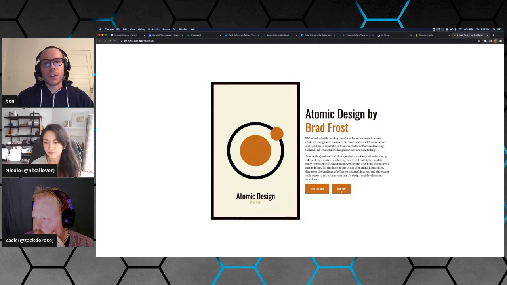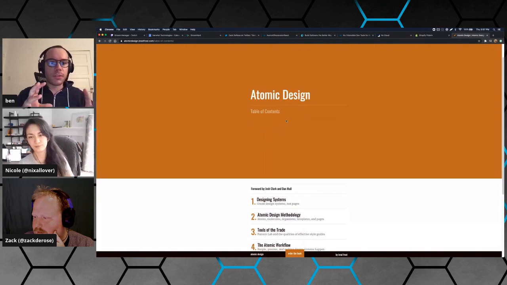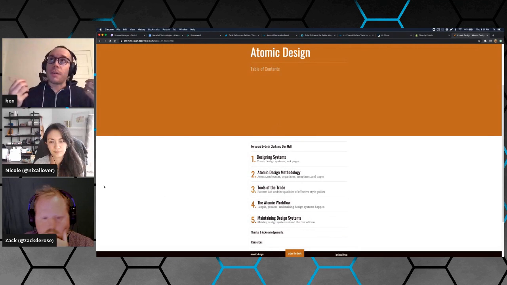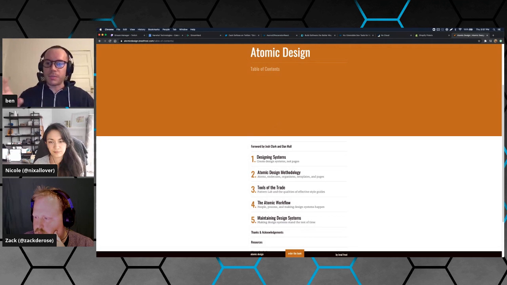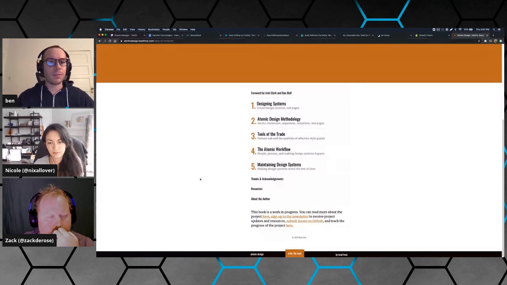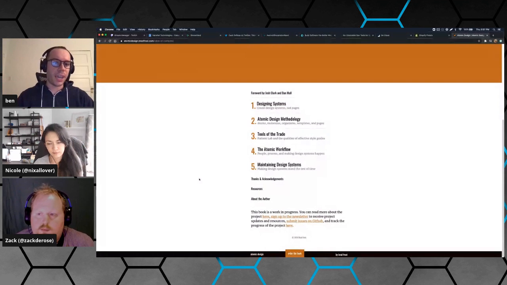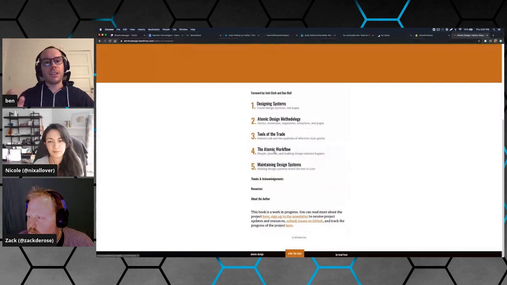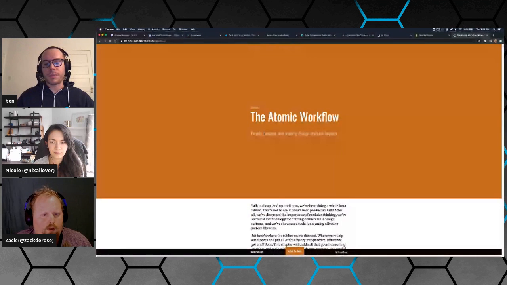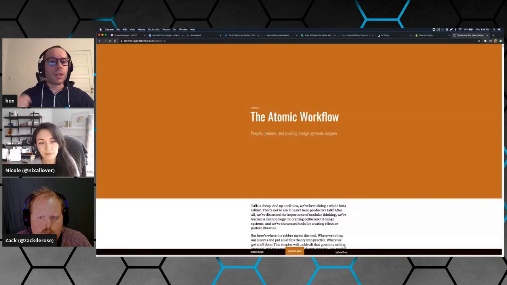So again, you have the atom, which is the little pieces, and then the molecule, which is made of atoms, and then the organism, which is made of molecules, and then some kind of template. I think he was calling that the templates, which are made of multiple organisms, and then you have the full flow page, which is made of templates. And in each of those steps, you have a degree of reality increased.